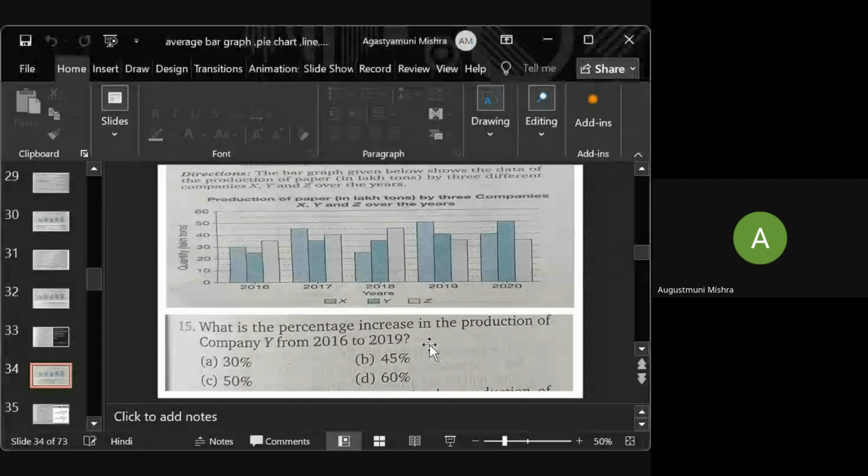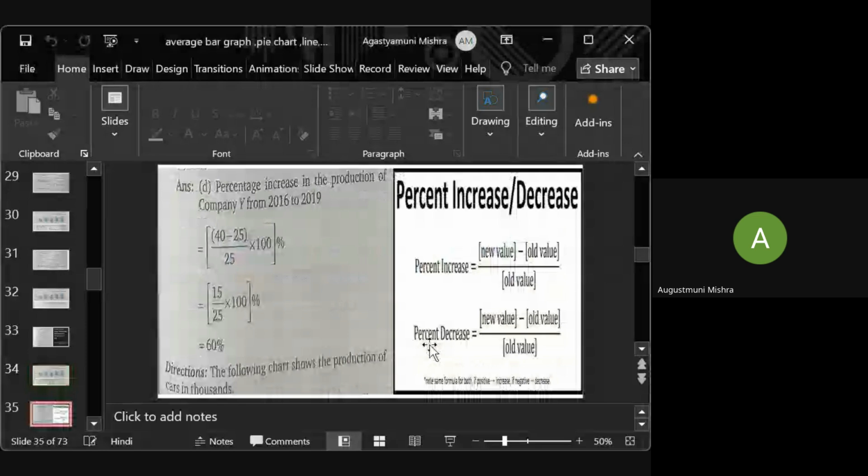So the correct answer is D. The correct answer is D. Here also I have mentioned the formula. It is percentage increase and percentage decrease.